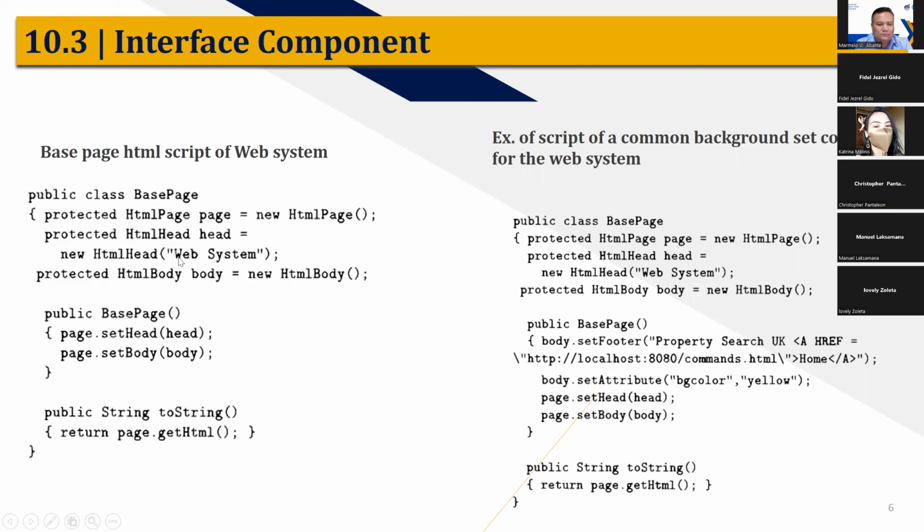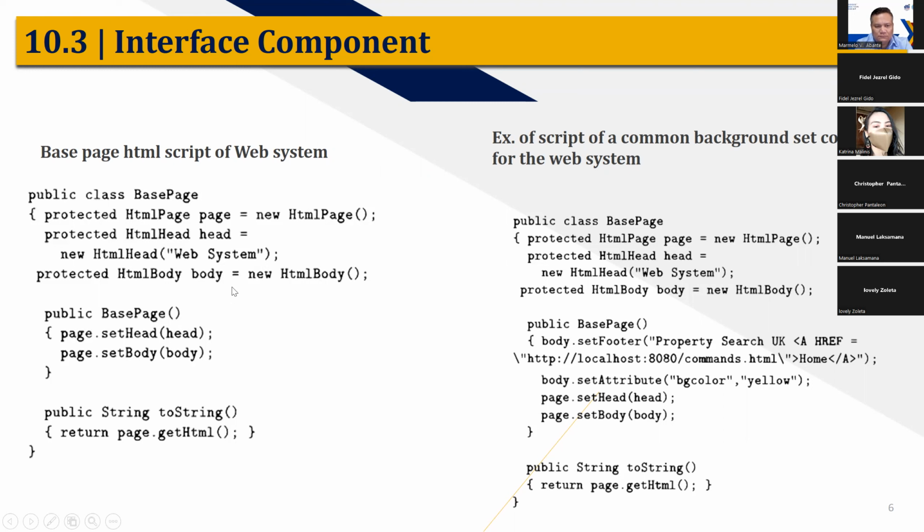So the HTML head, web systems. That web system you see is located at the top, the main menu bar. Let's say in PLMon, you see PLMon, Pamantasan ng Lungsod ng Maynila. Here, the way it is declared, you will only see web system.